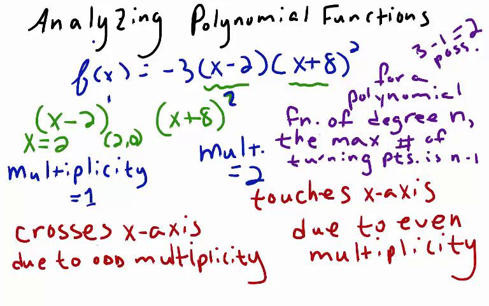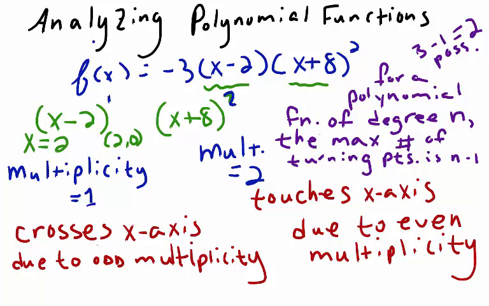To determine the end behavior of a graph, we consider the overall degree of the polynomial and the lead coefficient. For our polynomial, the lead coefficient is negative 3, and the overall degree of the polynomial is the third degree.